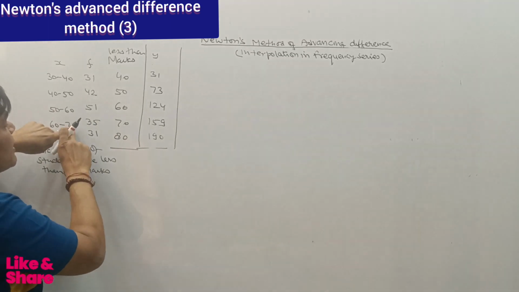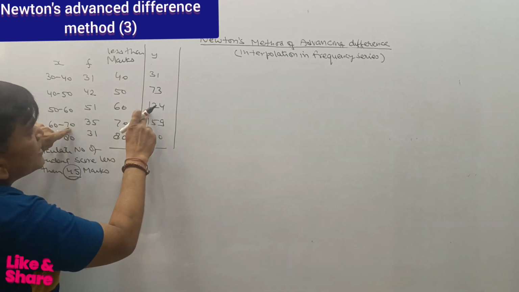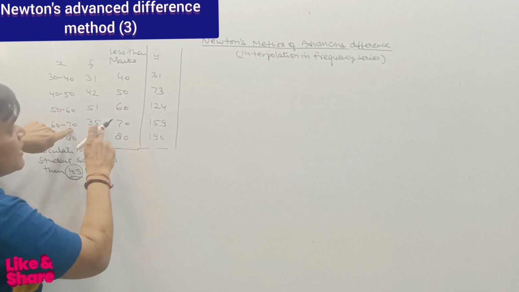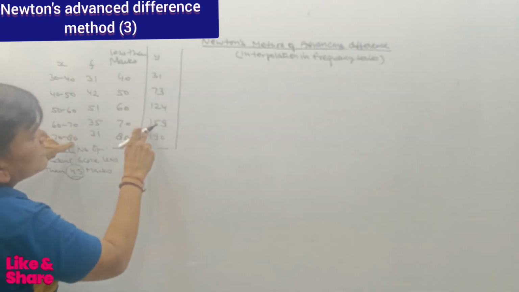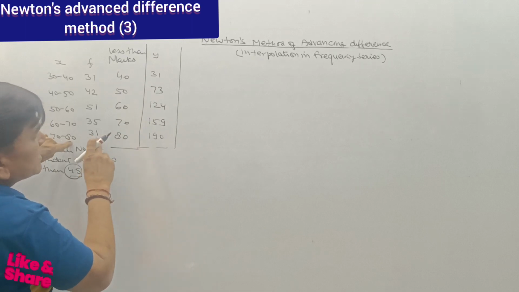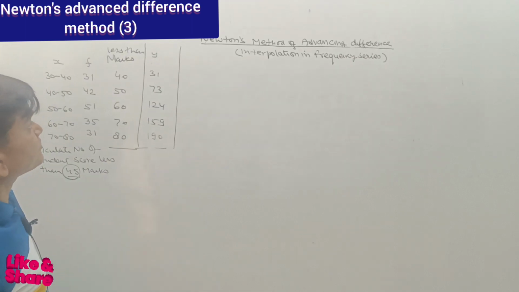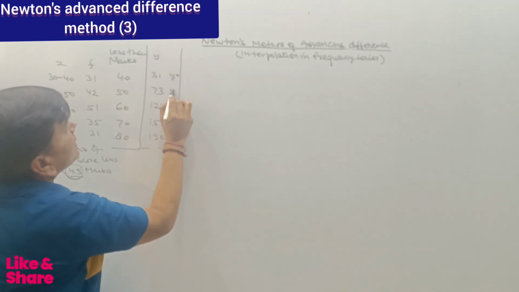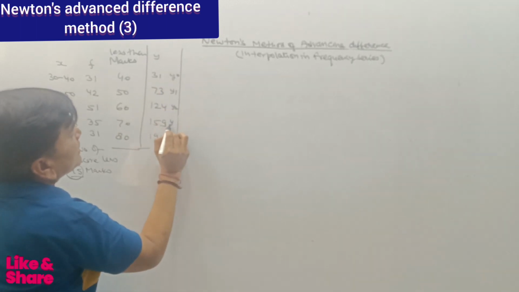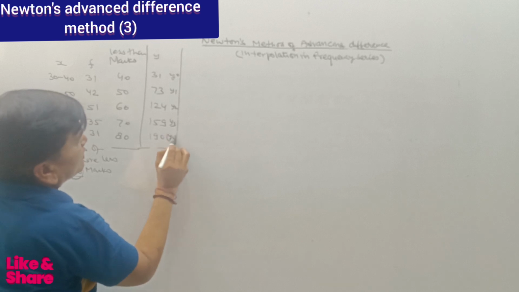And less than 70 marks includes less than 60, so 124 plus 35 is 159. In less than 80 marks, less than 70 is included, so 159 plus 31 is 190. So these are the values of y0, y1, y2, y3, y4.